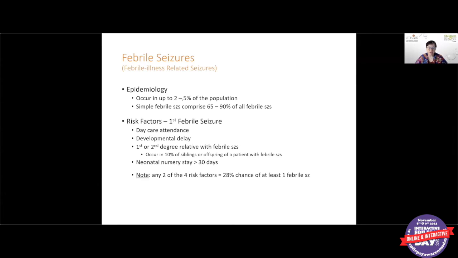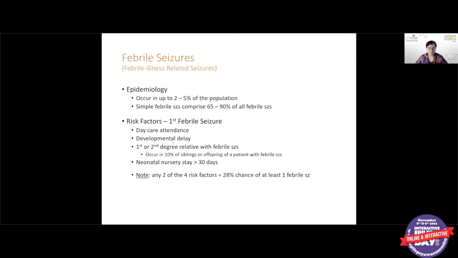And it occurs in about 2 to 5% of the population. Simple febrile seizures are most of the things that are seen. And a simple febrile seizure just means that there's an illness or a fever in the child, and at that time a seizure happens, usually a convulsive seizure that just lasts 1 to 2 minutes and stops on its own.